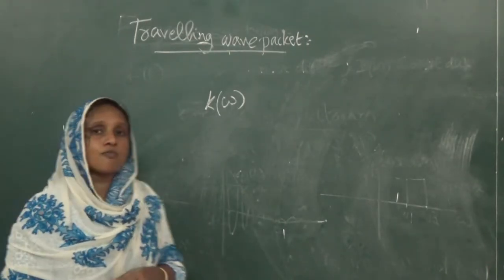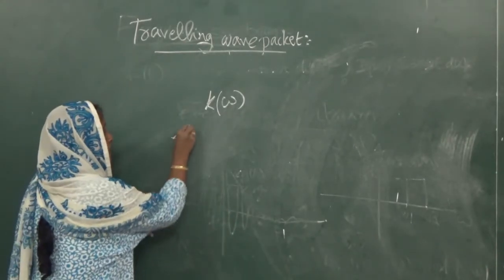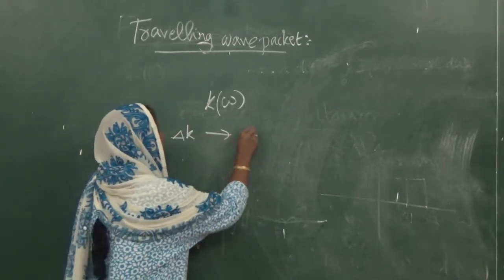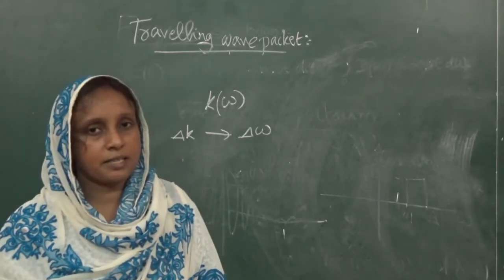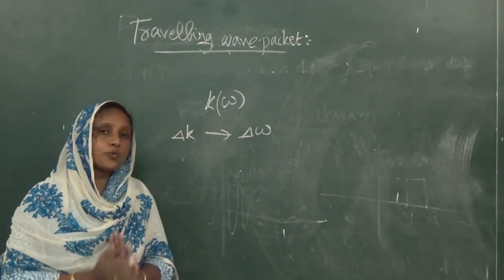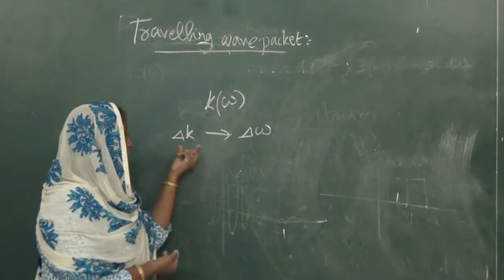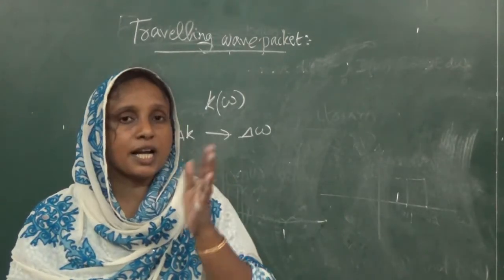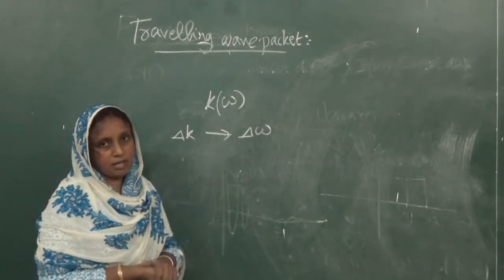So in the case of a traveling wave, there is a wave vector band delta k corresponding to the frequency band delta omega. That means the wave packet moves with group velocity such that there is a band of wave vectors delta k corresponding to the frequency band delta omega.